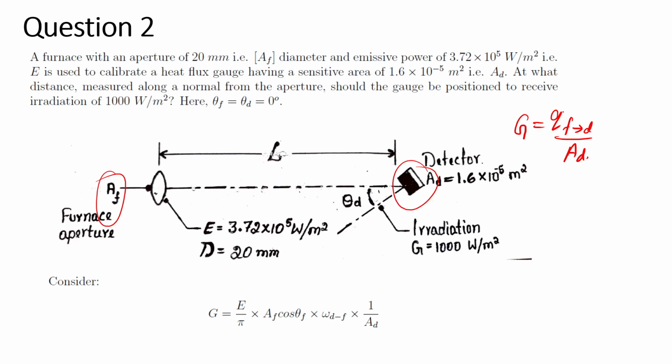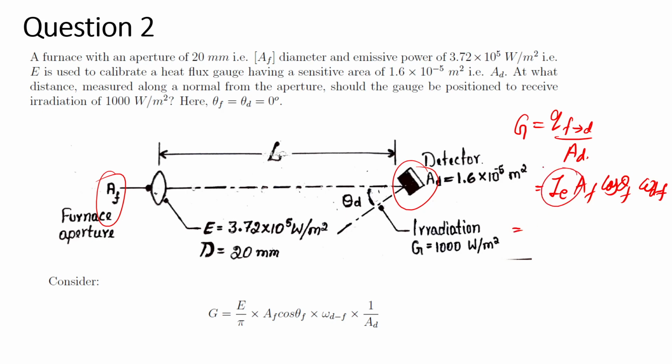Now this formula will be dependent on the intensity I_E upon this area A_F cos of this angle theta F, and then omega D2F.